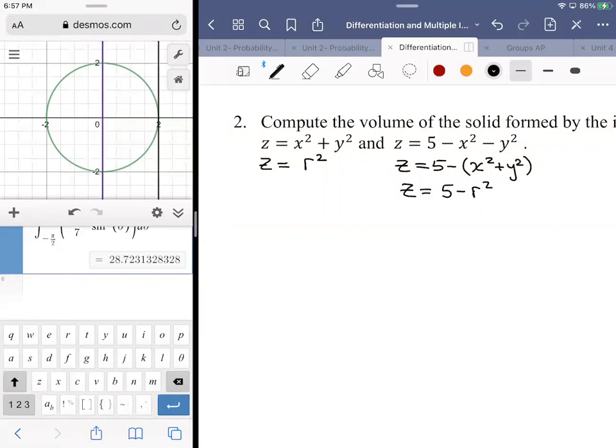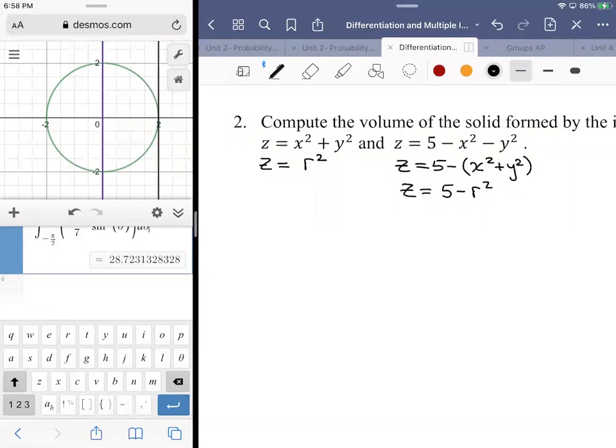Fortunately, the side view of a paraboloid happens to look very much like that of a parabola. And so if you're looking at it from the perspective where z is vertical, then your ordinary properties of parabolas would hold. So if it's got a negative leading coefficient, it opens downward. If it's a positive leading coefficient, it opens upward.